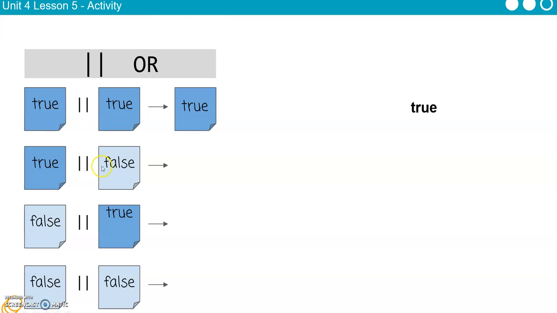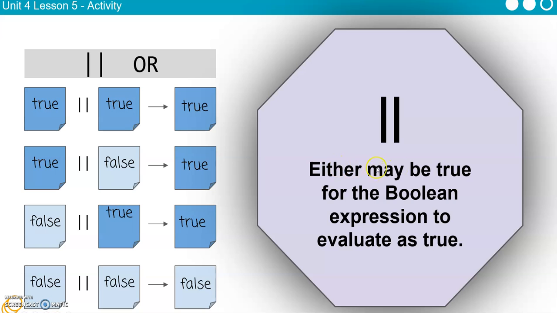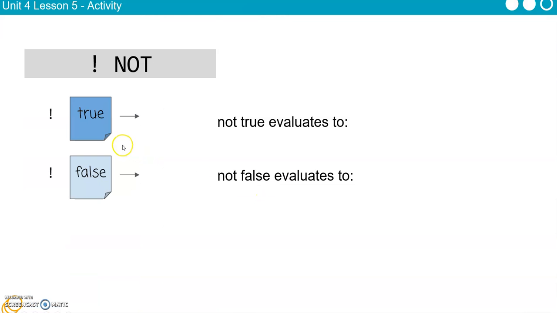If you have true or false, that is true as well. At least one of them being true will give you true. If both are false, then the result is false. Either may be true for the Boolean expression to evaluate as true. Not is just the opposite, so not true is false, not false is true.